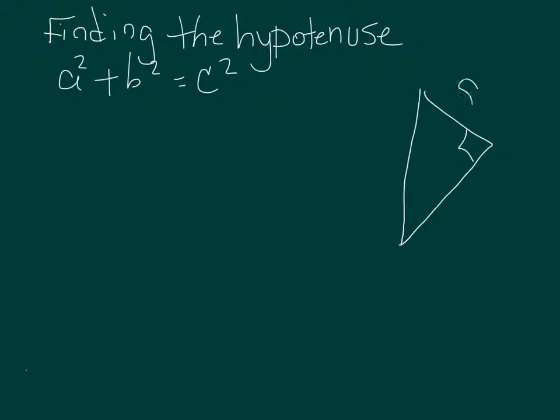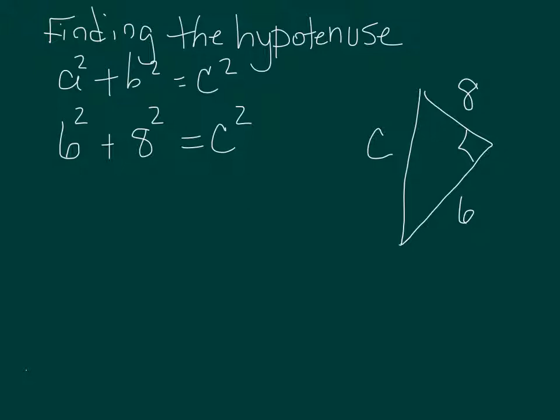Okay, we're given one side is 8, one is 6, and we have to find the hypotenuse. So we're using our Pythagorean theorem. We can call A or B, it doesn't matter. So let's take A for being 6. So 6 squared plus, what's 8 squared? That's B squared. Will give us C squared.